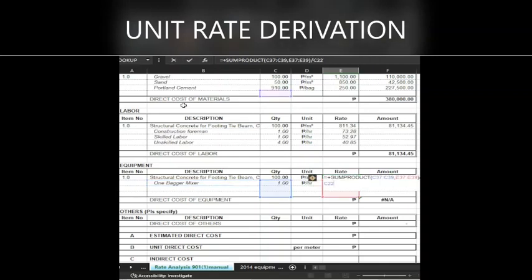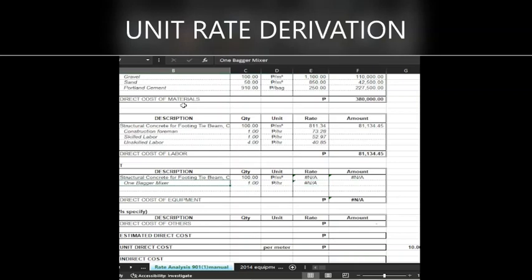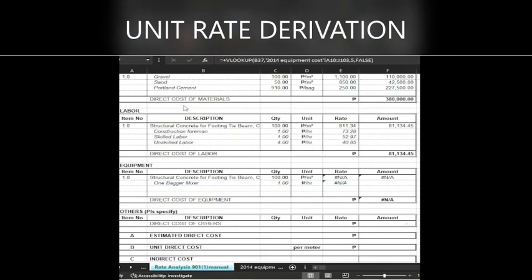That's it. One bagger mixer. 172 peso per hour.